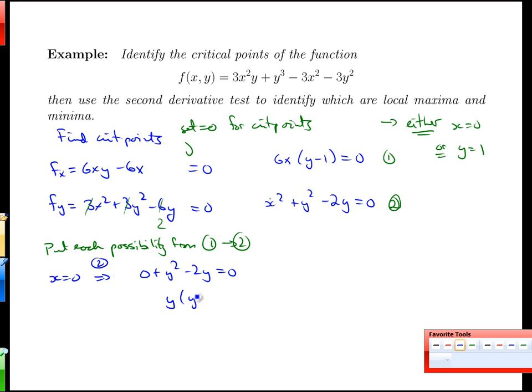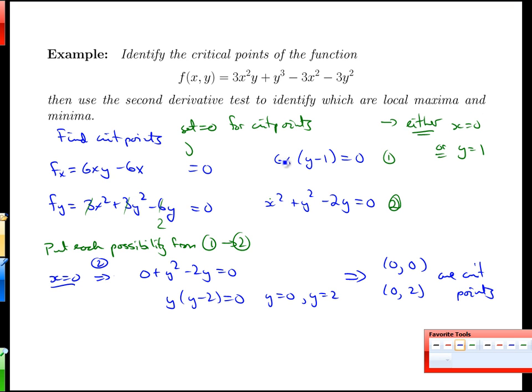Factor out a y. And so if x equals 0, we get y equals 0 and y equals 2. And that gives us two sets of points. So we've got (0, 0) and (0, 2) are critical points.